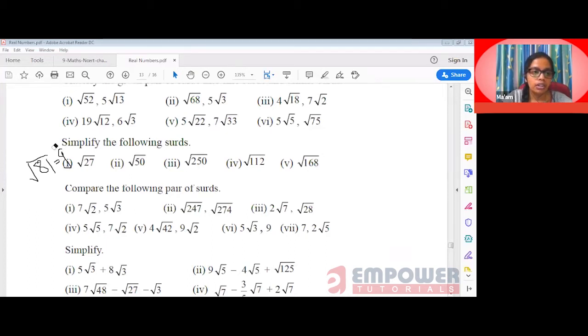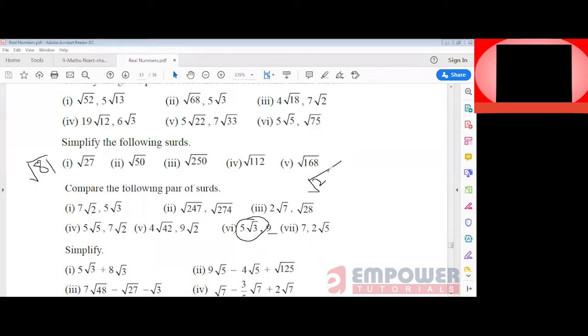So this is the surd form of your rational number 9. And if you want to convert this into the same form, then the square of 5 will be 25, right? And into 3.